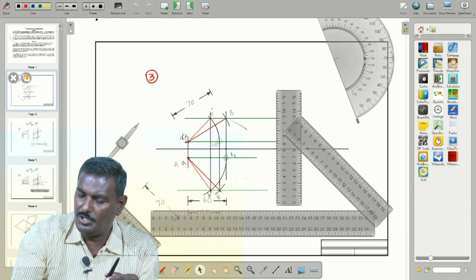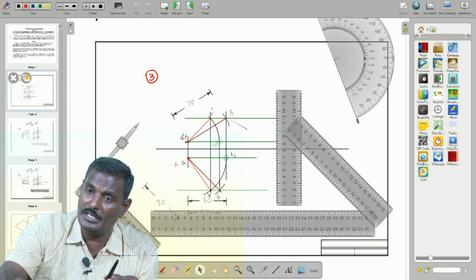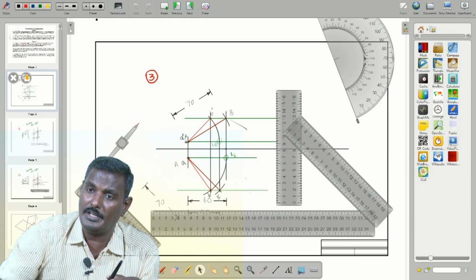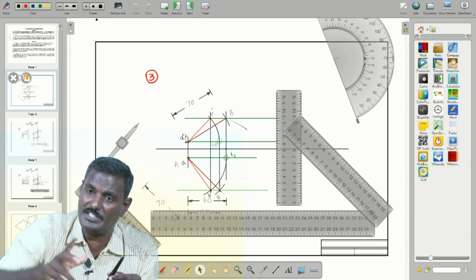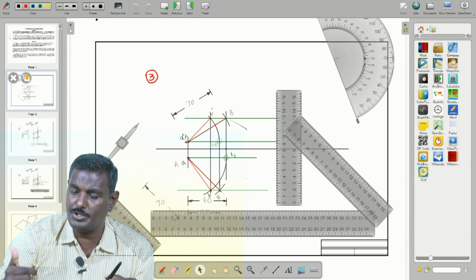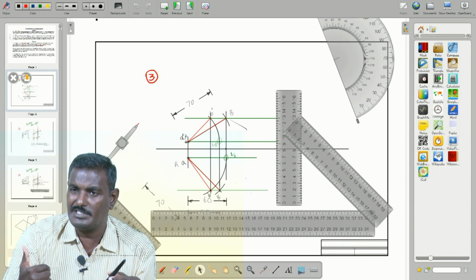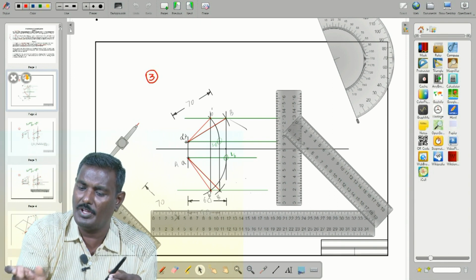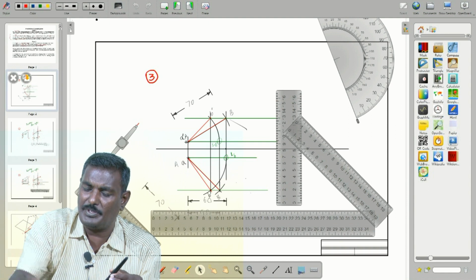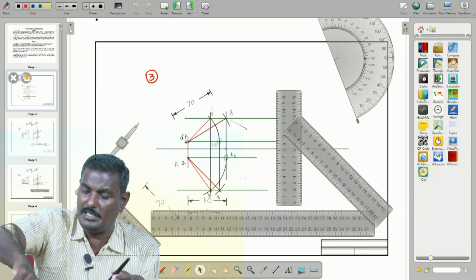First you have to mark 60 mm and draw a projector. In the projector only, you have to mark the true length capital A, capital B first. Only then come to the other views. Similarly, you have to mark 50 mm, and in that 50 mm you have to represent the true length 70 AB.